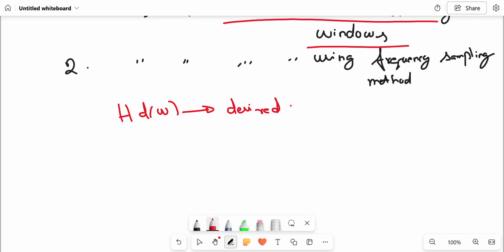So listen carefully, the step by step procedure for designing an FIR filter. First, the desired frequency response, maybe low pass, high pass, band pass, whatever.